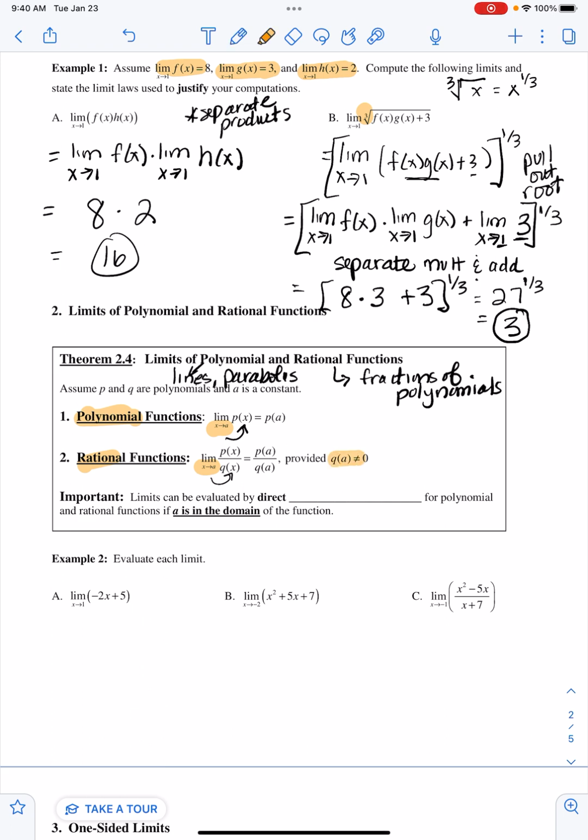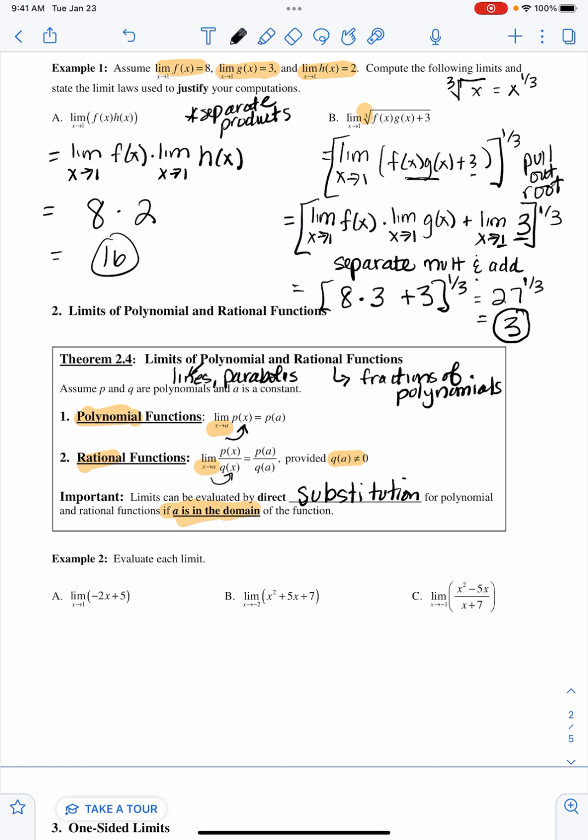We don't want to plug in anything that will make division by 0. So basically, the best case scenario for both of these is we can directly substitute in the a value to evaluate the limit, provided that a is in the domain of the function. Okay, so rational functions, we're going to really have to watch out for that.